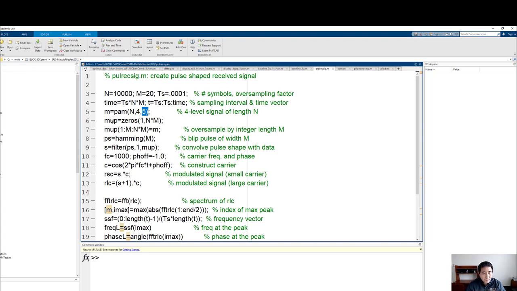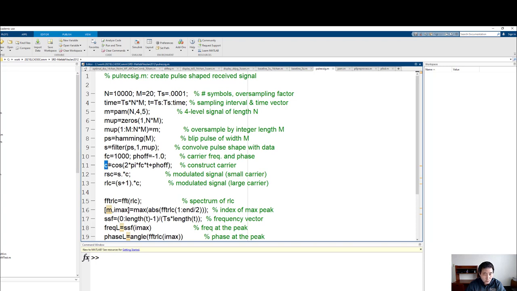Then mup is the oversampling by an integer m. m is 20, the oversample rate. ps is the pulse-shaping filter. We're just using a Hamming window to do that. So s is the filtered signal, that is, ps filtered with mup, the signal that is oversampled. We choose carrier frequency 1000 Hertz, and we put the phase offset at -1.